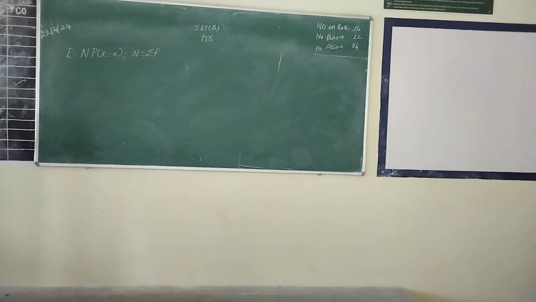So what will be your H naught? No difference. No difference means equal. So what should be your assumption, good or bad? Good. H naught: the distribution is a good fit. H1: not a good fit. So start the solution.